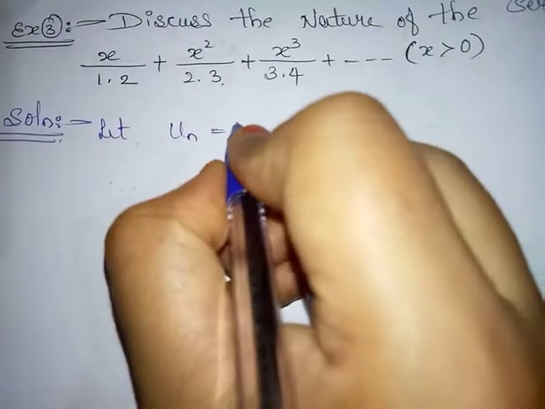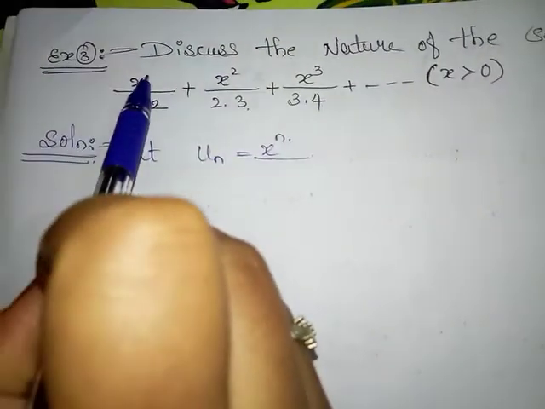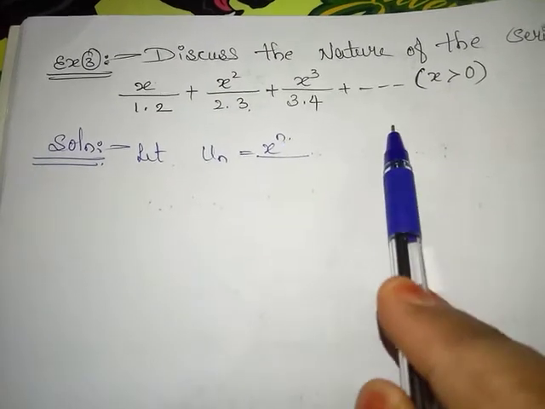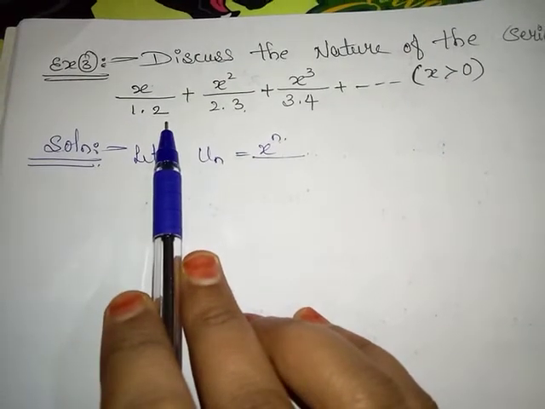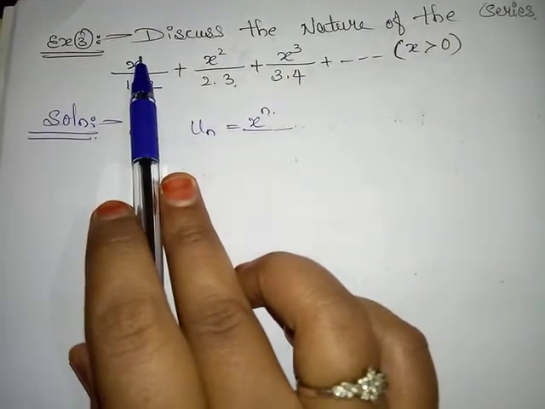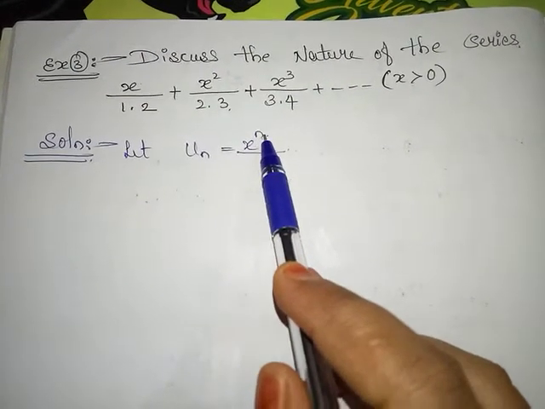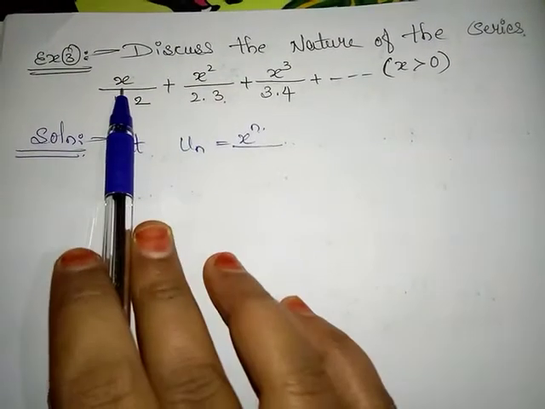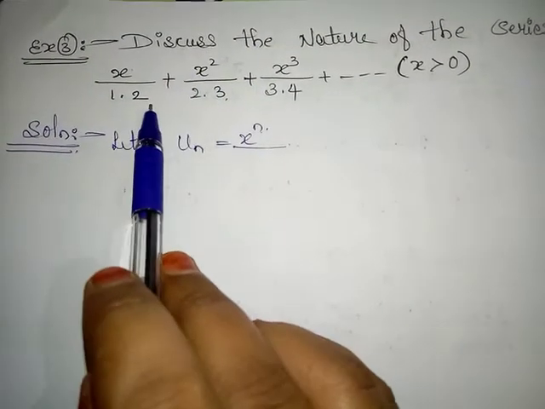here x is as it is, here the power is changing, take this as n, divided by, see here the first value is 1. Here we are taking values of n from 1, right? So for this term, n value is 1. Here I am considering the powers as n, means when we consider n as 1 for the first term, we will get the u1 term, that is x raised to 1, and that n must be satisfied for the numerators also.